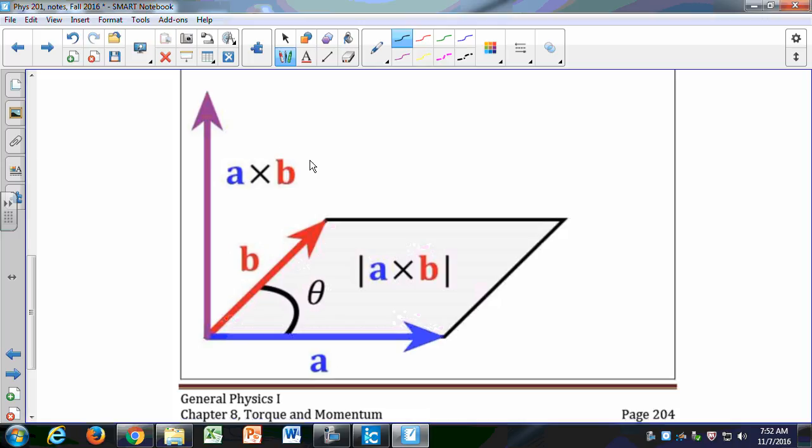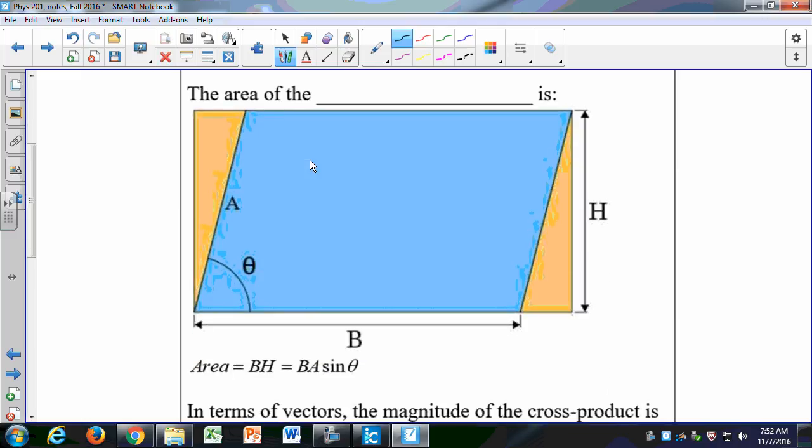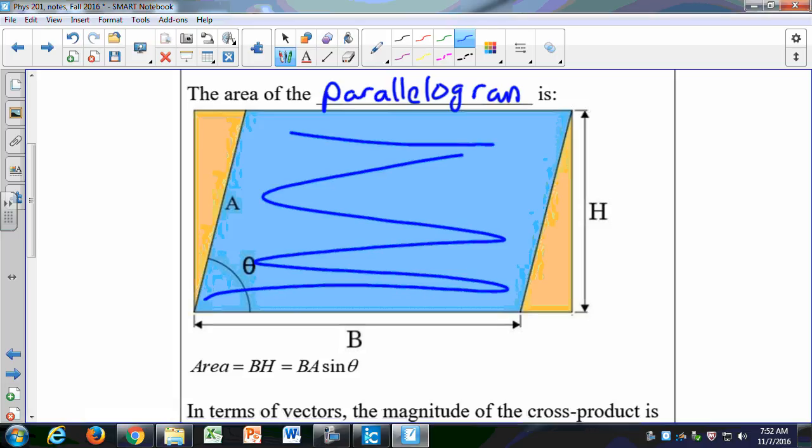You don't really need to know this as far as it being the area of the parallelogram, but we do need to know how to determine the magnitude of the cross product. And that turns out to be quite simple, because the area of the parallelogram is just equal to AB sine theta. The area, which is this quantity here, is equal to the base times the height, which is AB sine theta, or BA sine theta.